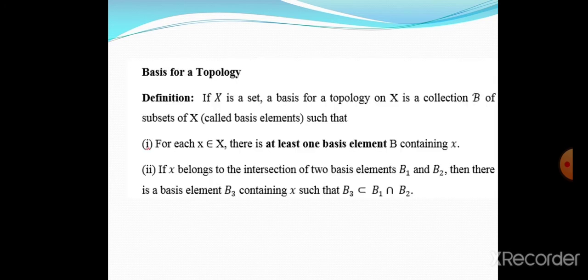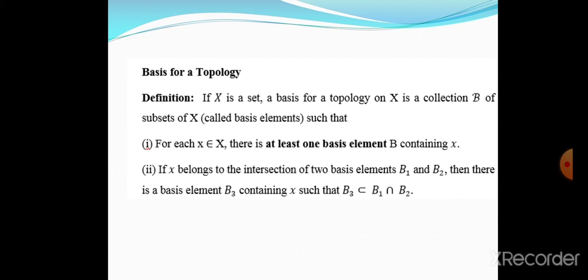Next definition, basis for a topology. What is the definition of a basis for a topology? If X is a set, a basis for a topology on X is a collection script B of subsets of X such that two conditions hold. The first condition is for each small x belonging to X, there is at least one basis element B containing x.